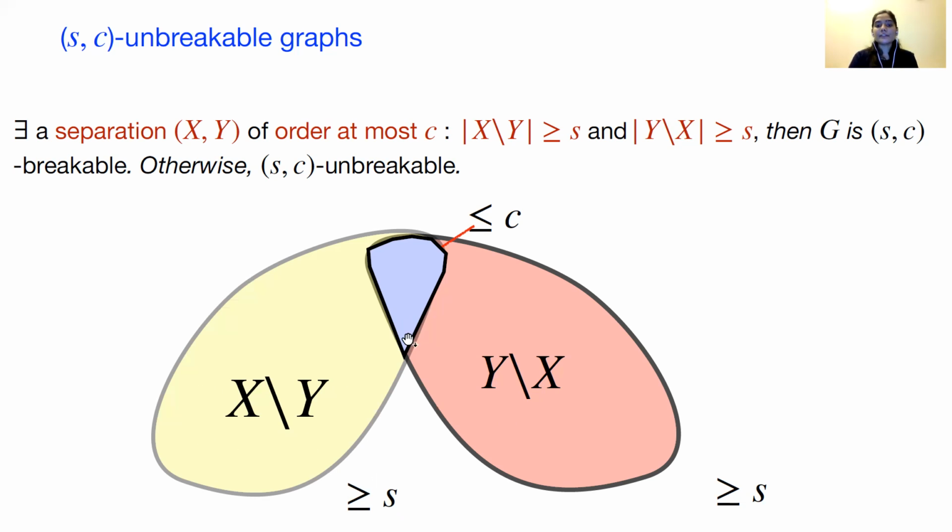That is, we are able to remove a small number of vertices and break the graph into two large parts. Otherwise, we say that the graph is SC unbreakable. So you can see intuitively that when the graph is SC unbreakable, it is highly connected. We actually exploit the property of this SC unbreakability to design our algorithm.